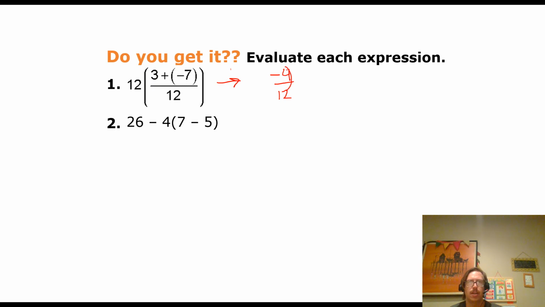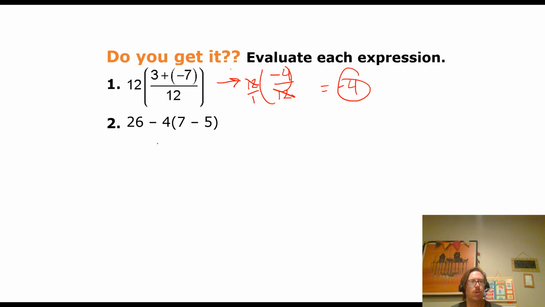I'm going to group that separately and multiply it by 12. If it helps, we can make that 12 over 1 and multiply it by -4 over 12. We could cancel the 12 divided by 12. That's just a 1, and we would get -4 as our answer.